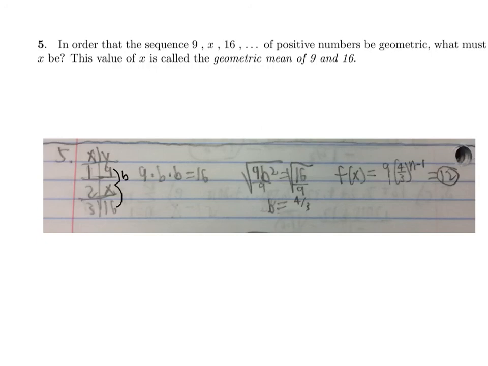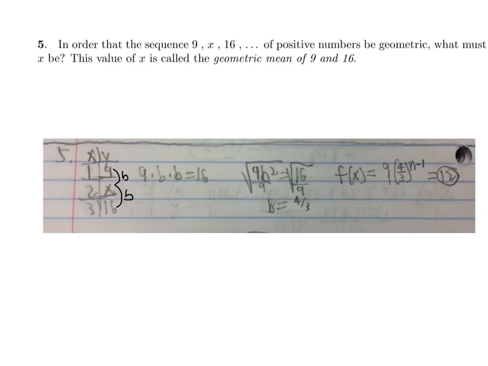So now they know that 9 times b equals 16. 9b squared equals 16. Divide by 9, then square root it, and you end up with b is 4/3. So what they did is 9 times 4/3 to the n minus 1 power, and they solved it for 2 to get 12.